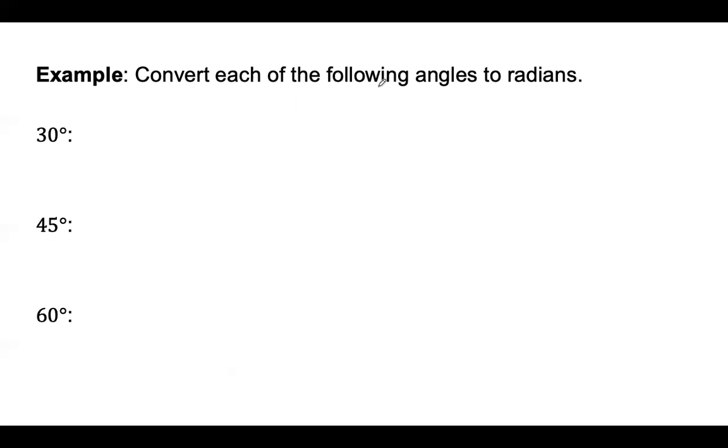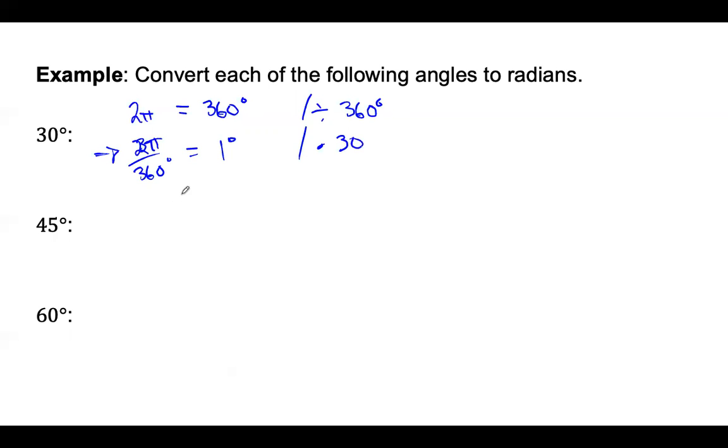Now let's convert each of the following angles to radians. So we're going the opposite direction. We know 2 pi is equal to 360 degrees. Could divide by 360. So 2 pi divided by 360 is 1 degree. And then we can multiply it by 30. So it gets a little messy here.